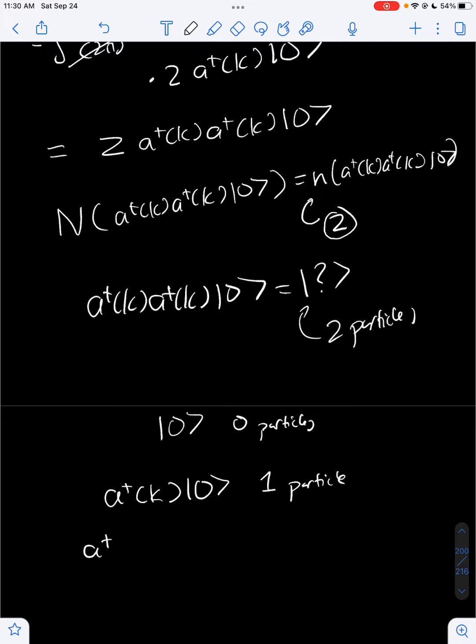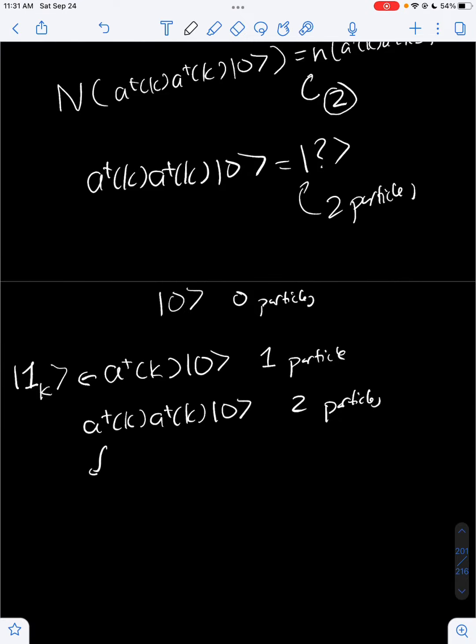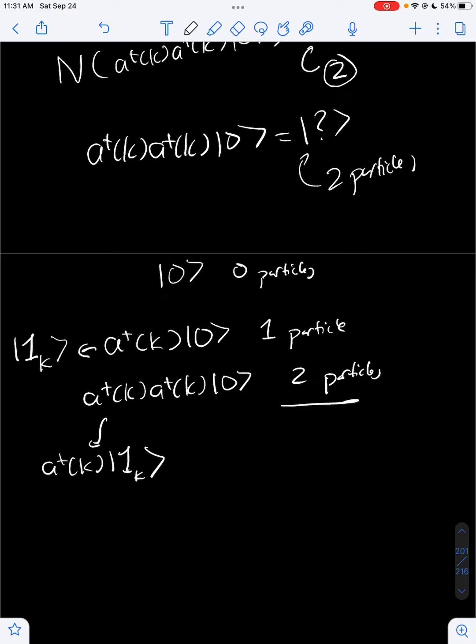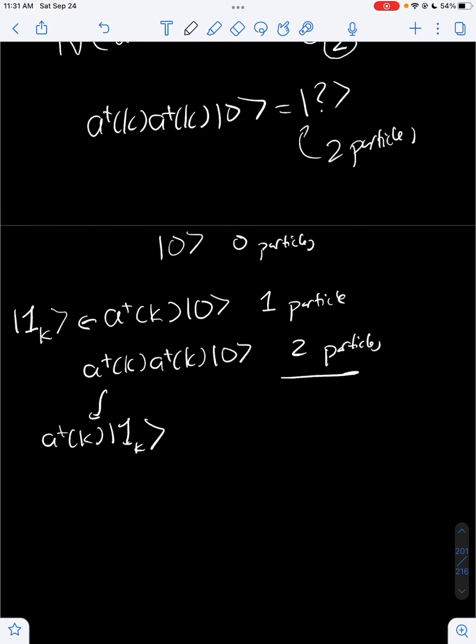And then A conjugate K acting on that state gives us a state that has 2 particles. Now note that this state was just a particle state that had 1 particle with momentum K. So this state is just going to be A conjugate K acting on that 1 particle state. And that gives us, again, 2 particles.